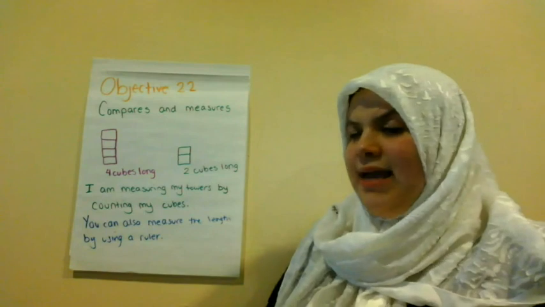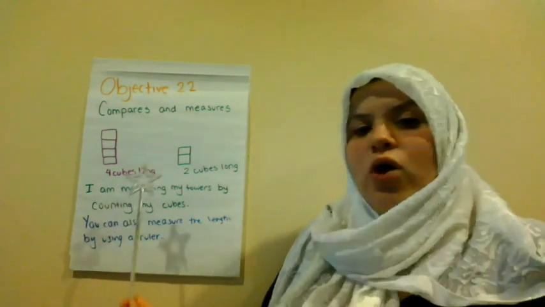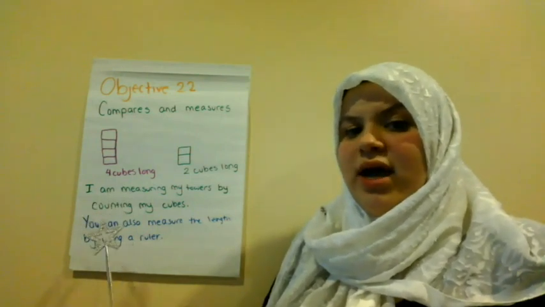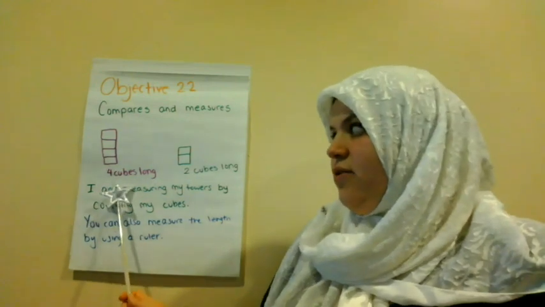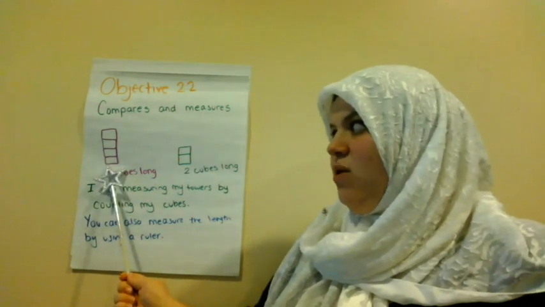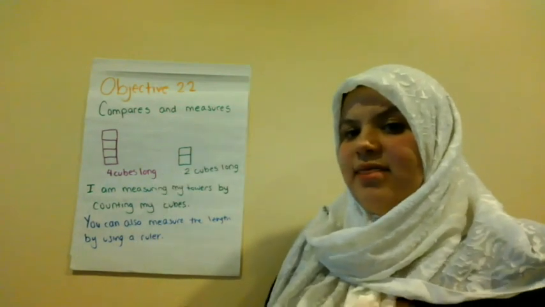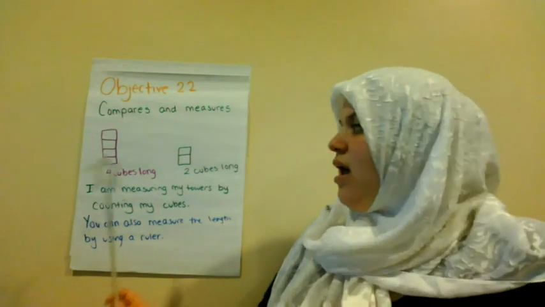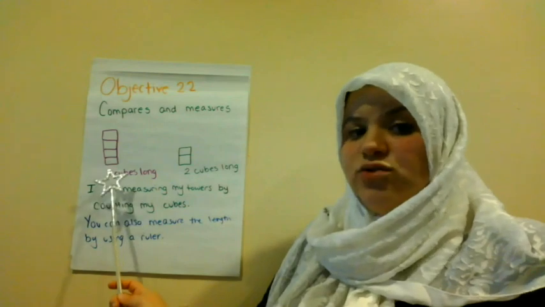All right? Now, here comes the compare part. I want to know which tower is taller. Is it the purple tower or the green tower? Let's stop and think. If you guess the purple tower, that's right.